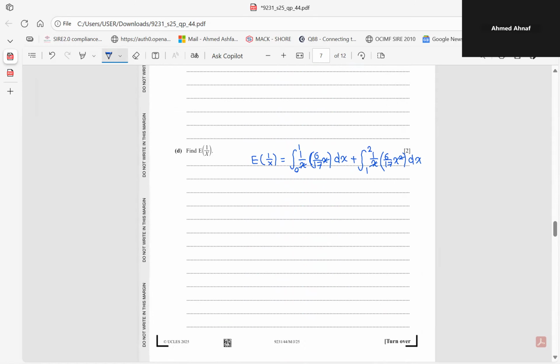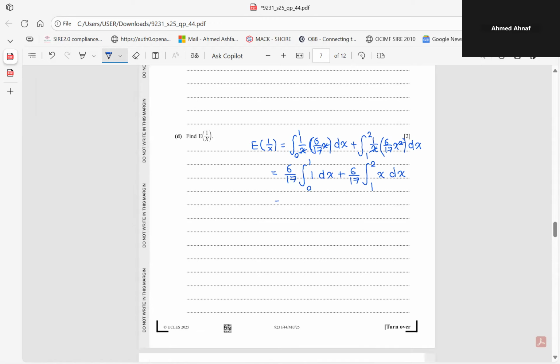The x cancels out, then 16 over 17, you can take it out, and here you only have to integrate 1 with respect to x. So 1, 0, plus you can also take out 16 over 17 for this, and get the integral from 1 to 2 of x dx.